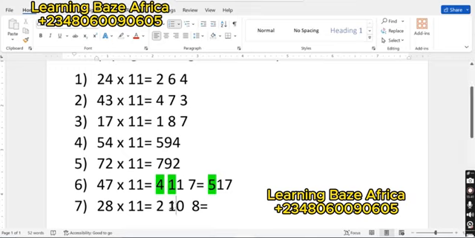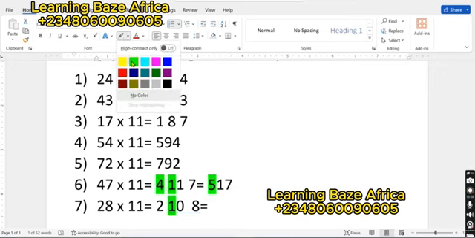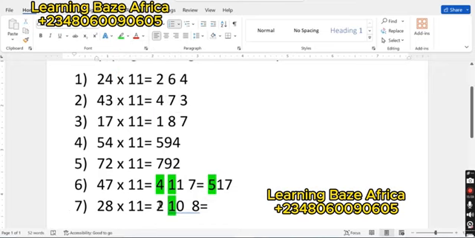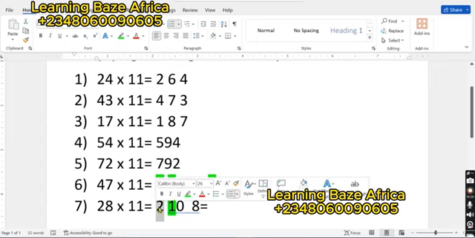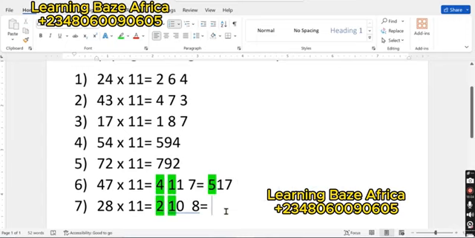We have to carry 1 over to be added to 2. So 1 will be added to the digit 2. That will make it 3. So our answer will be 3. Then we have 0, 8.